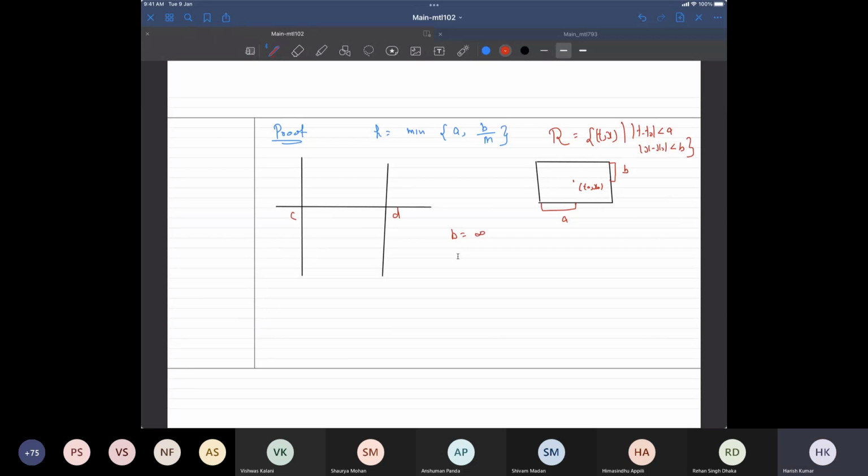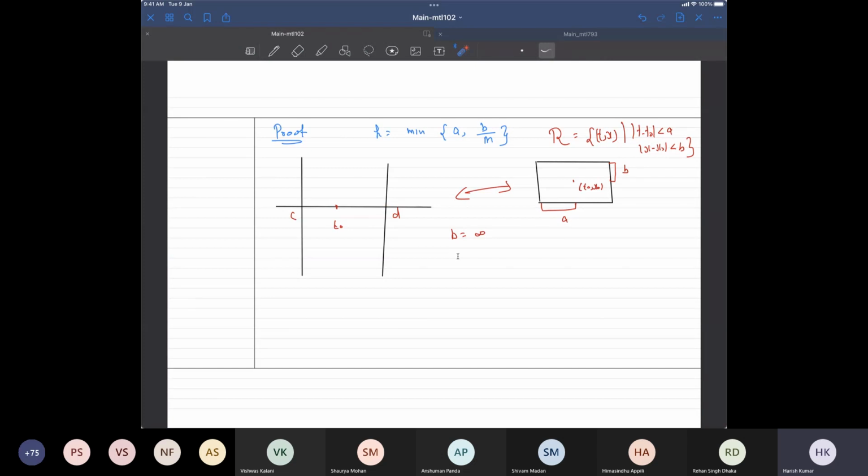So if I take any t naught here, H will be basically either this, in this case it will be this because this is a minimum distance to the boundary, or this if t naught happens to be here. So depending on where it is.